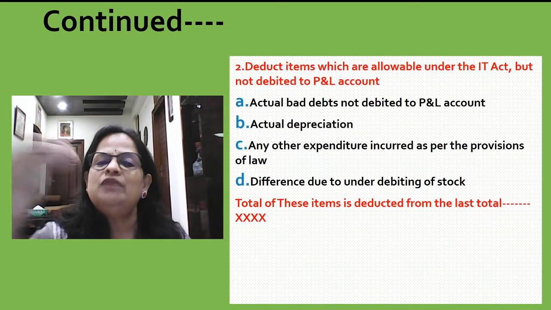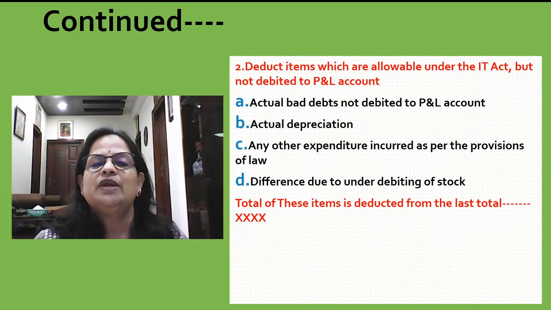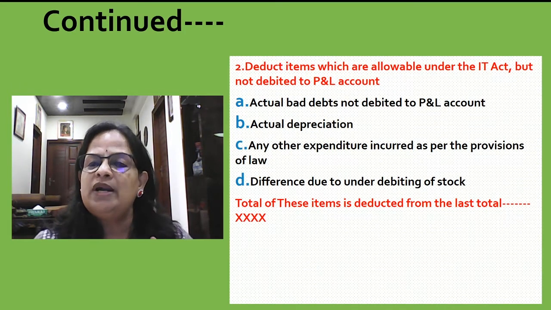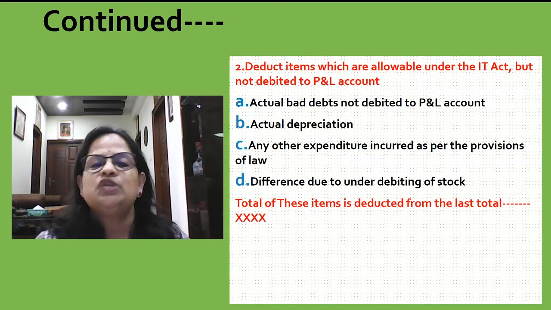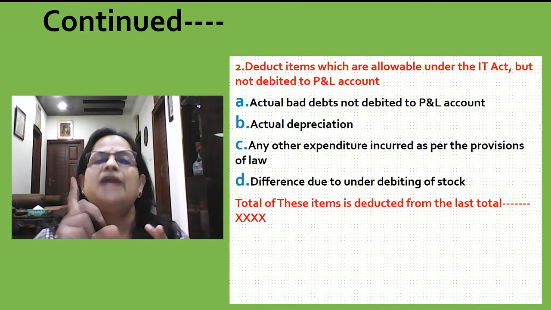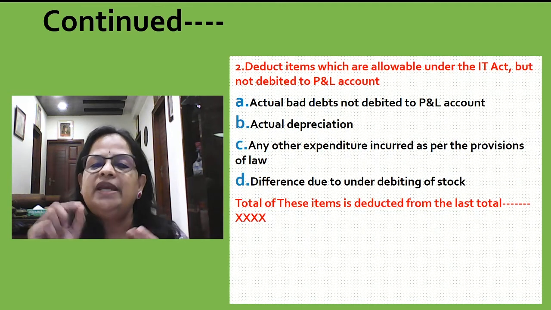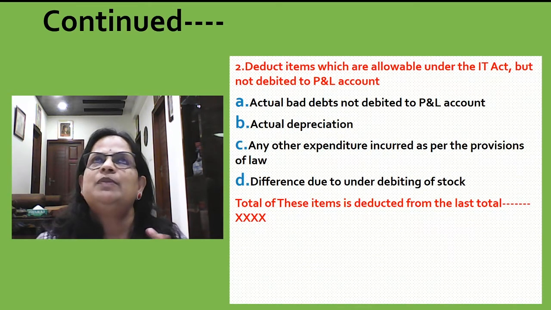Now from this we will deduct certain values. Deduct items which are allowable under the Income Tax Act but not debited to profit and loss account. Two items I have already mentioned: one is depreciation, one is bad debts. So actual bad debts not debited to profit and loss account, then actual depreciation. Then any other expenditure incurred as per the provisions of law.